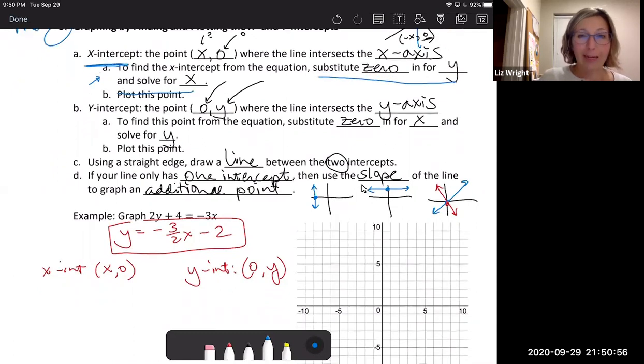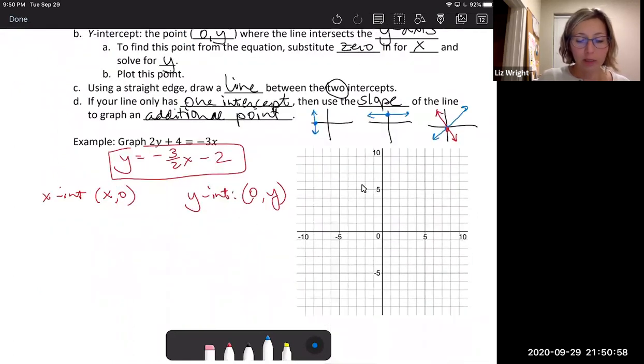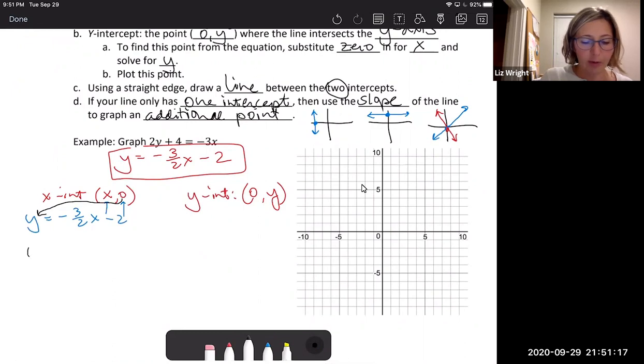By writing the general form, it tells you what to do. So that's what we're going to do. I'm going to write in y equals -3/2 x minus 2. We're substituting 0 in for y, and we're solving for x. So this time we're going to have 0 equals -3/2 x minus 2. I'm going to add the 2 over.